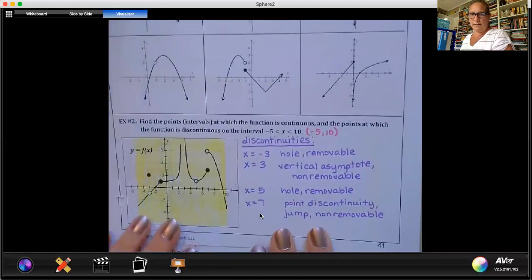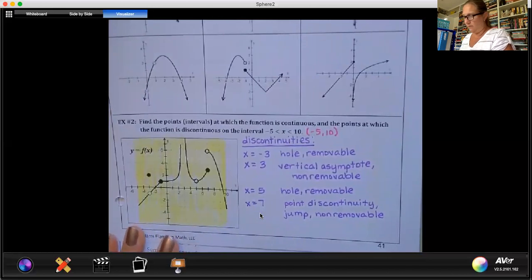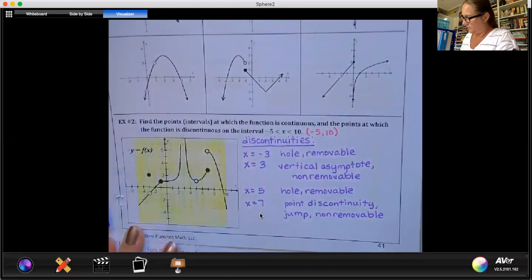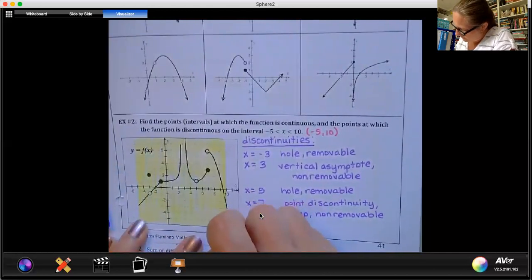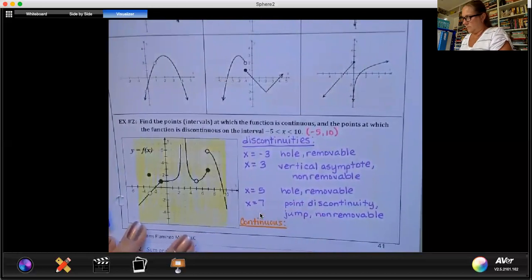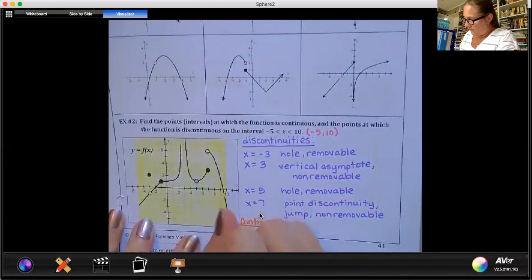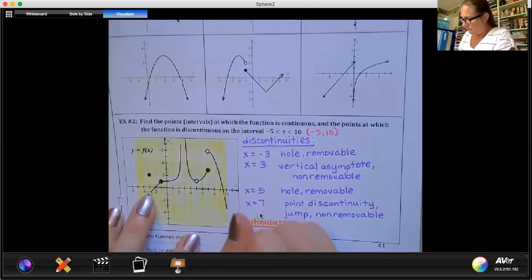So now we need to write our intervals on which our function is continuous. Remember, our starting point is -5. So we go from -5 to our first discontinuity at -3.